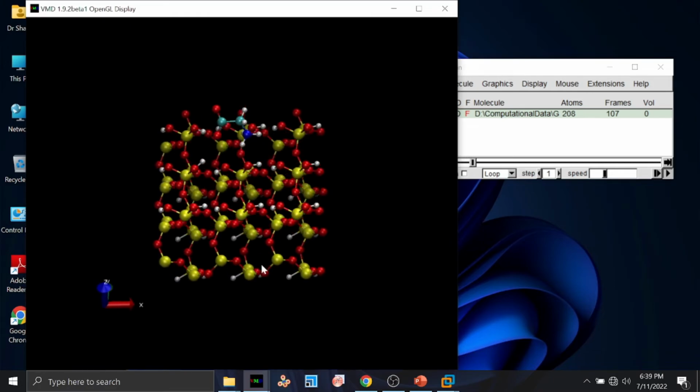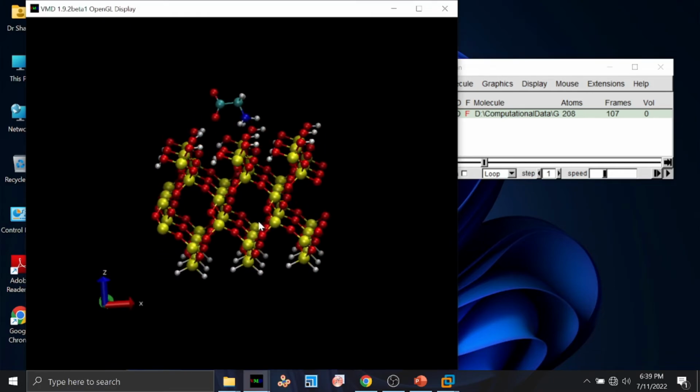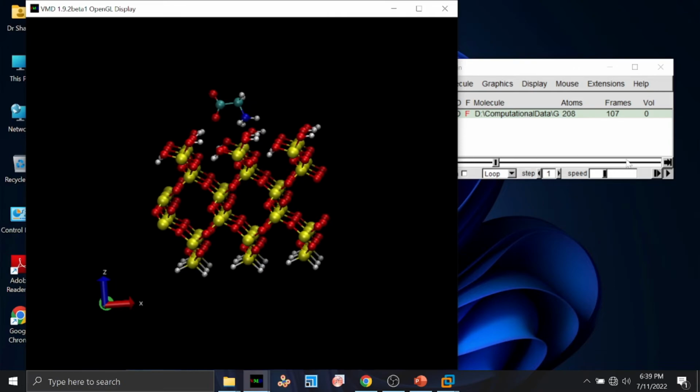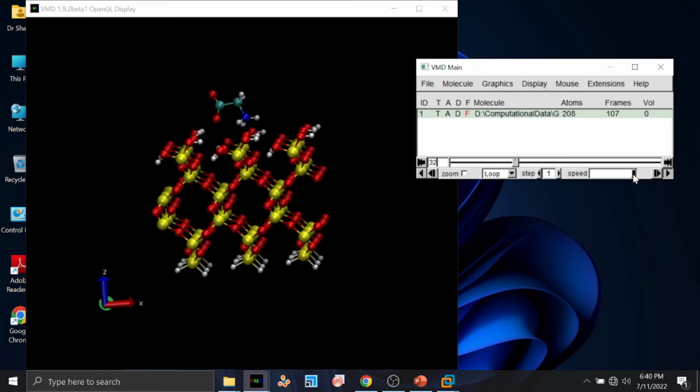Here you can see how this geometry is interacting with the surface. If I make it fast, you can see how this structure is making bonds with the surface.